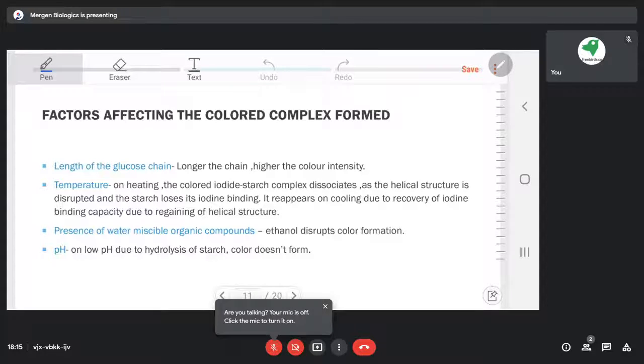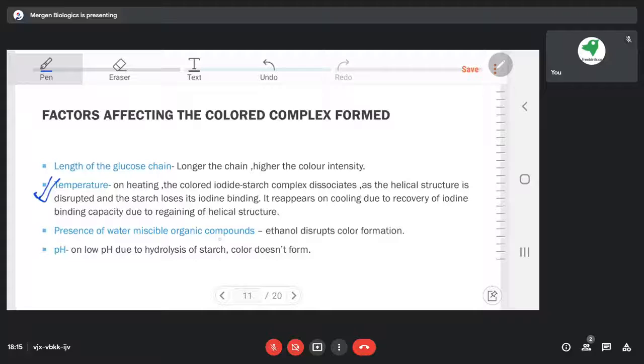But again, if we keep the same sample to cool down, it will again show the color, because now the iodine molecule is again inside the helix of the starch molecule. So this is how temperature changes the color intensity of the whole setup.